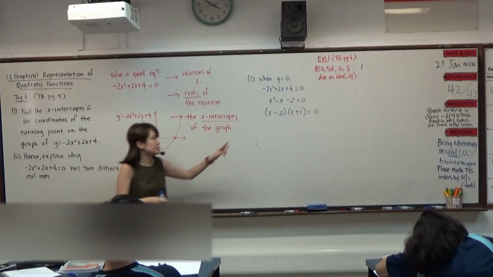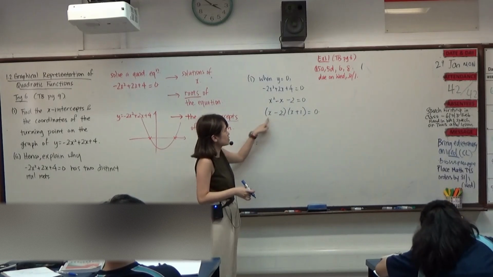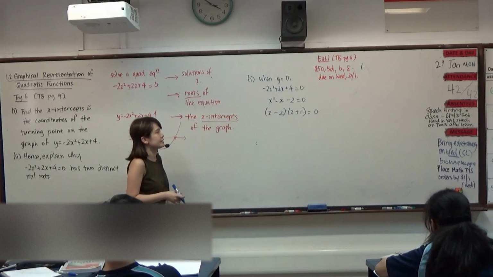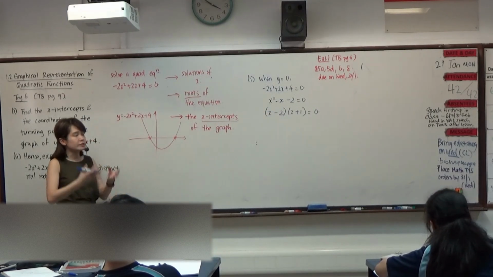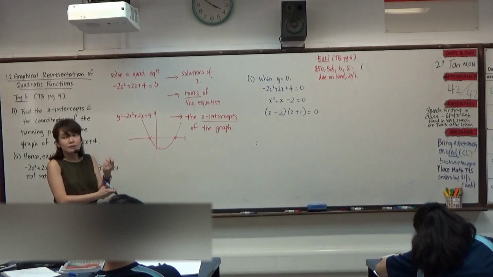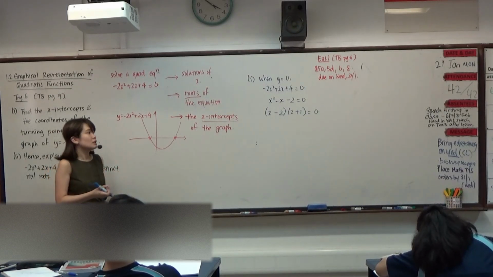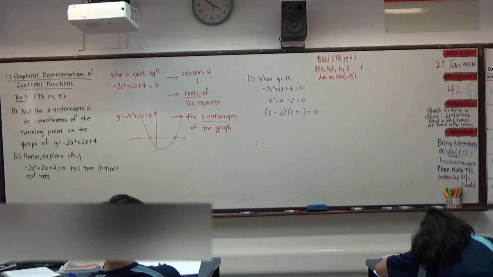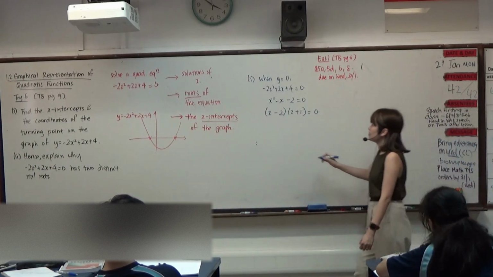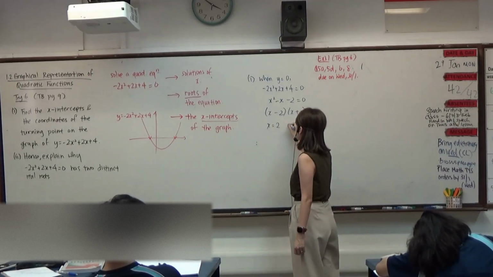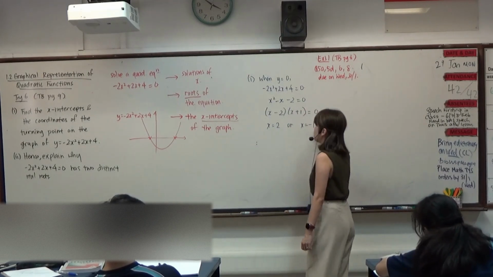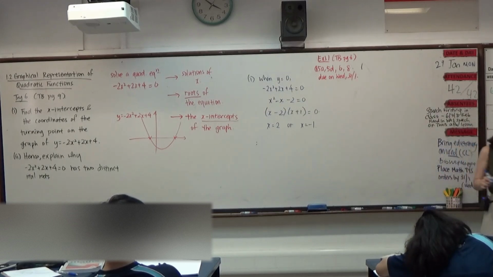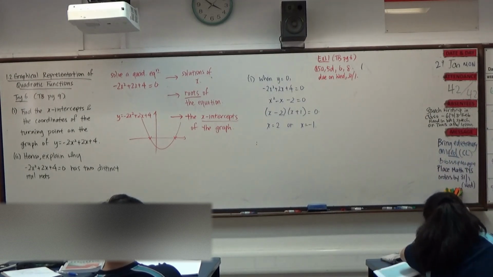Because negative 2x and plus 1x will give you a minus x. But if you cannot do it at that speed yet, please do your cross method. Otherwise, do your formula, also fine. And then we get the solutions x equals to 2 or x equals to negative 1.